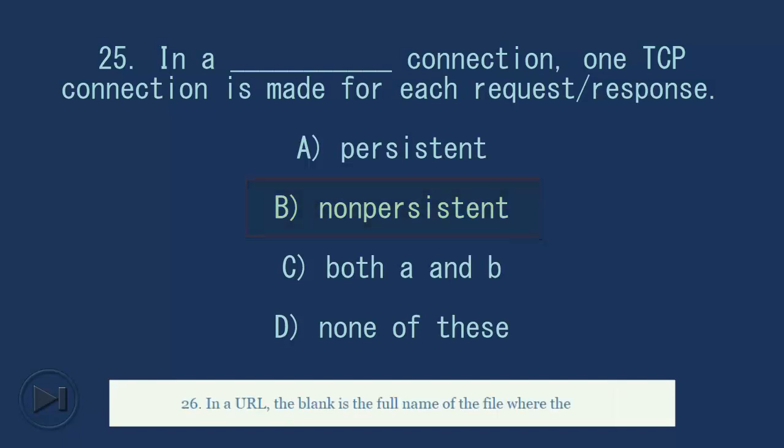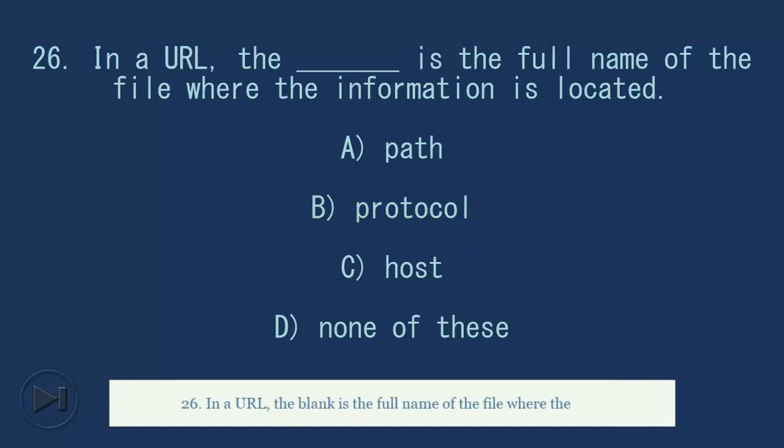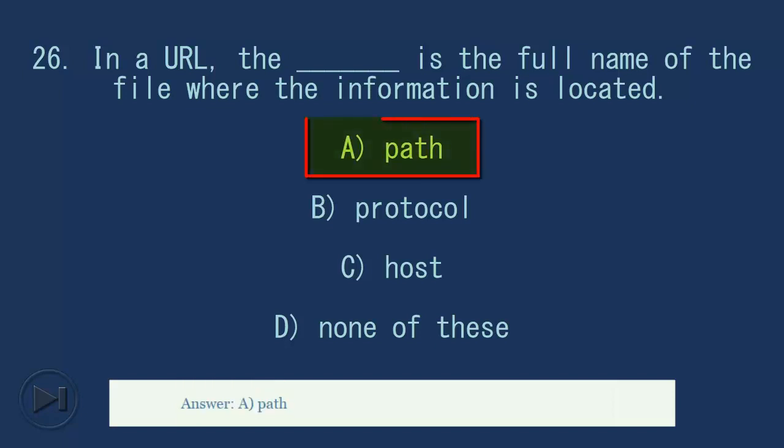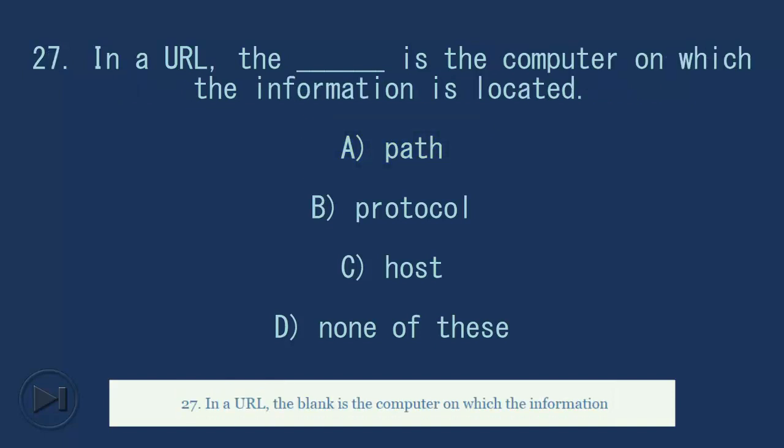26. In a URL, the blank is the full name of the file where the information is located. A. Path. B. Protocol. C. Host. D. None of these. Answer: A. Path. 27. In a URL, the blank is the computer on which the information is located. A. Path.